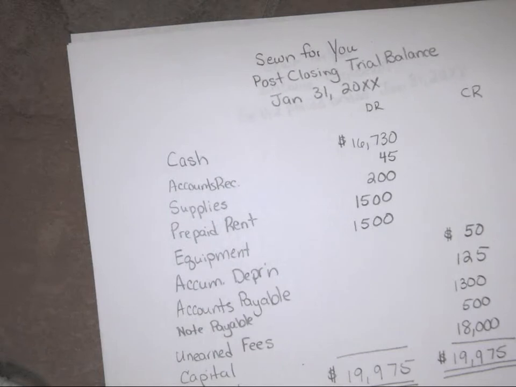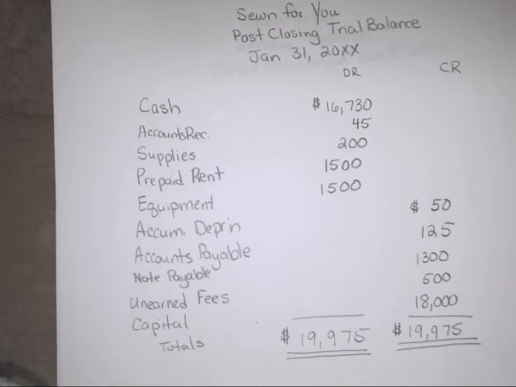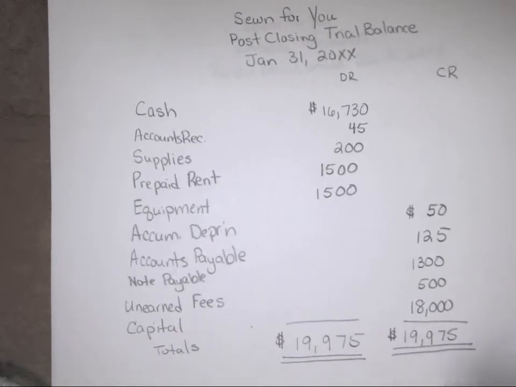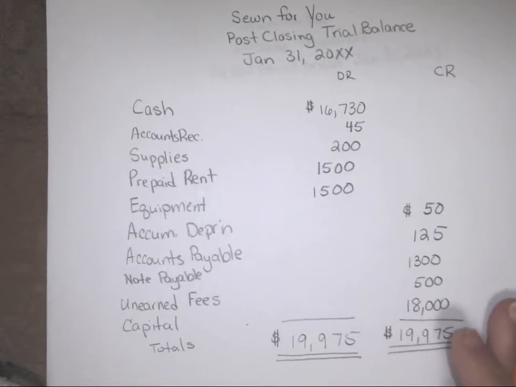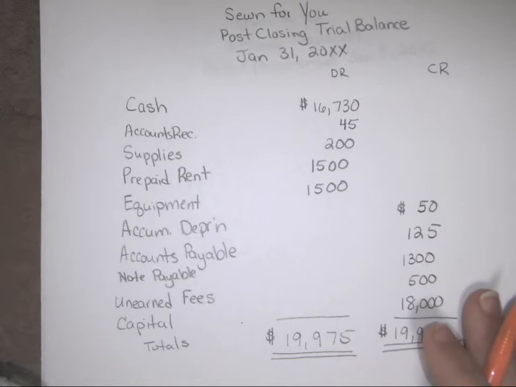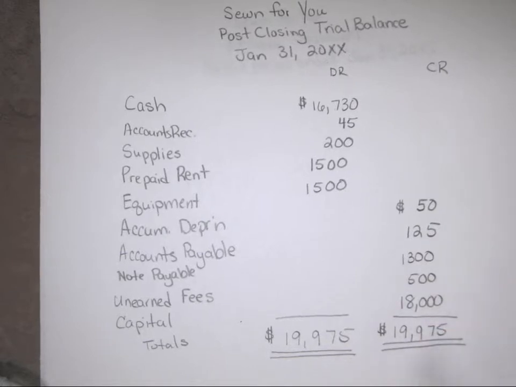And so that's really all that we have to do when we are looking at this post-closing trial balance. Now, these amounts that you see on your post-closing trial balance will also be the amounts that you will see on your balance sheet. So when you look at your balance sheet, these are going to be the same numbers that you are looking at. And this is done when we get through posting all those closing entries. We get this post-closing trial balance.